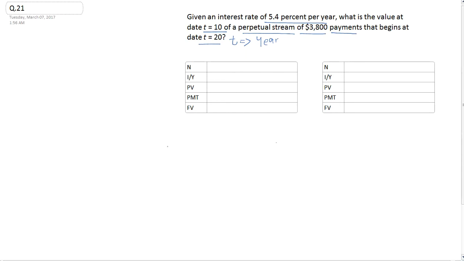Okay, so let's draw the timeline here. So what we need to find is basically PV10 equal to what? Okay, so this is how the timeline looks like.